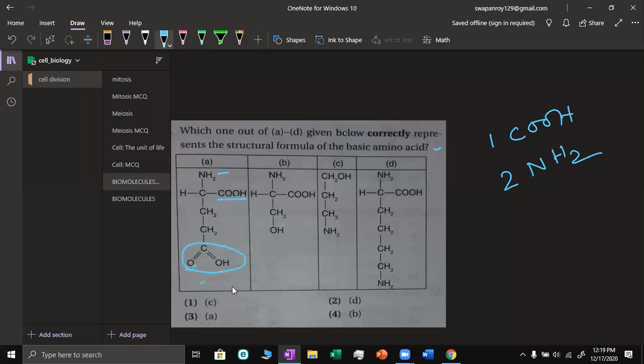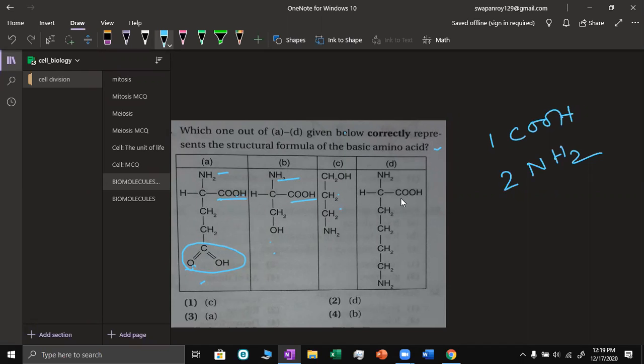This one will be acidic, and this one a basic group. So it is neutral. This is not representing an amino acid.